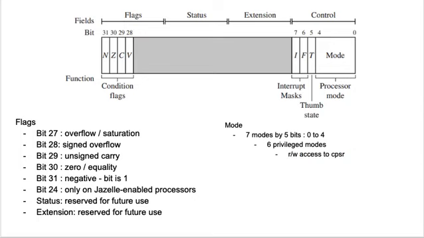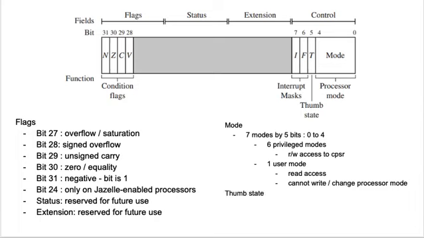There are 6 privileged modes and 1 user mode. In the privileged modes, the processor has read-write access to the current program status register, and in the user mode, it has only read access. It cannot write or change the processor mode.